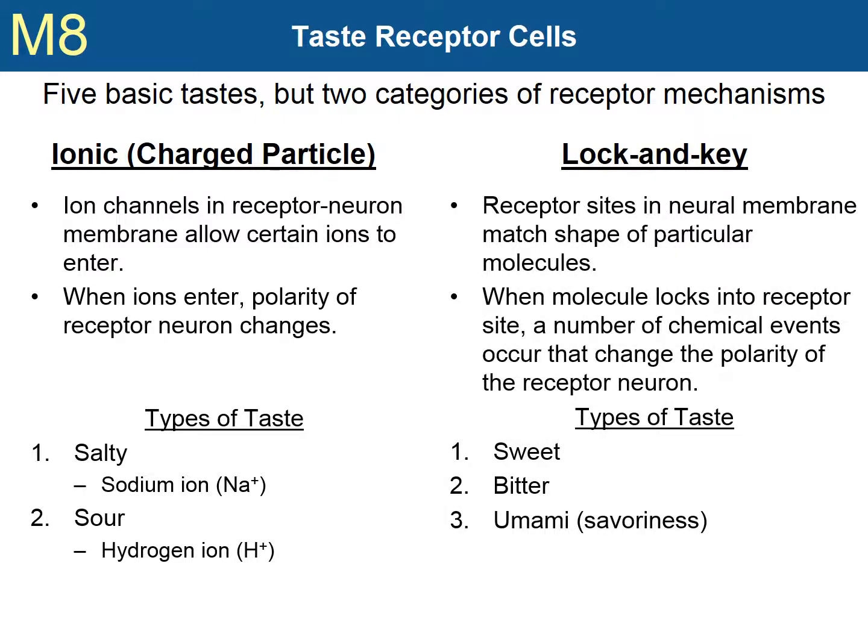The second mechanism is the lock and key mechanism. In this case, receptors in the membrane match the shape of particular molecules. When, say, a sugar molecule binds to the receptor site, a chemical cascade of events ensues, changing the polarity of the neuron. The types of taste sensed by this mechanism are sweet, bitter, and umami, or savoriness.